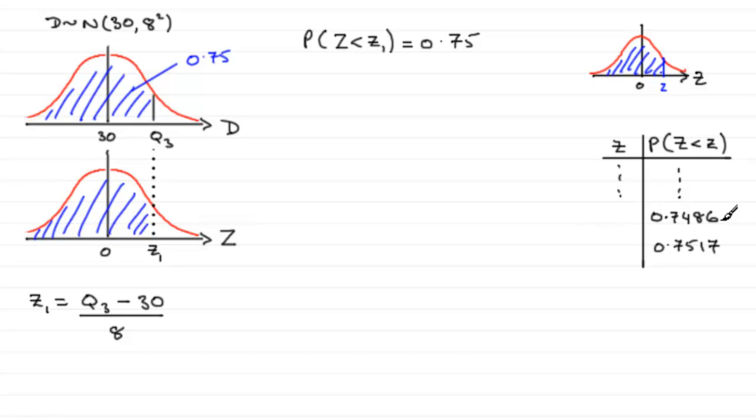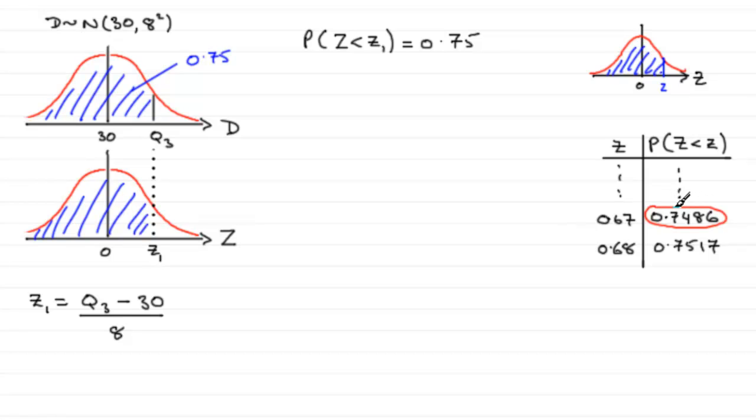And for 0.7486 there was a Z value of 0.67, and below that was 0.68. So I had to make a decision which one of these two was the closest to 0.75. Well, this was 14 units below 0.75 and this one was 17 units above 0.75. So clearly I wanted to select this one here.